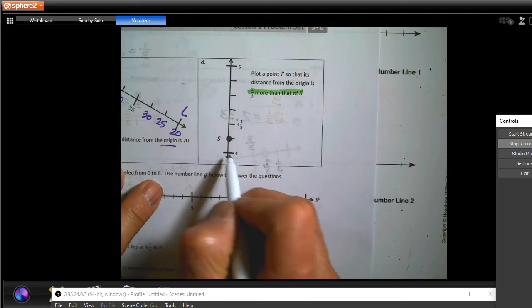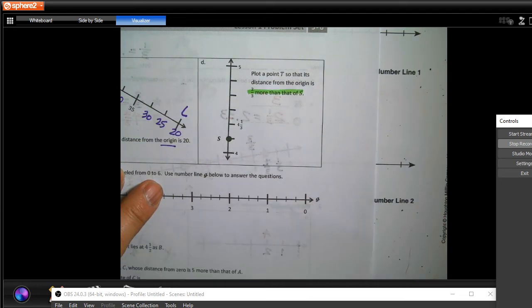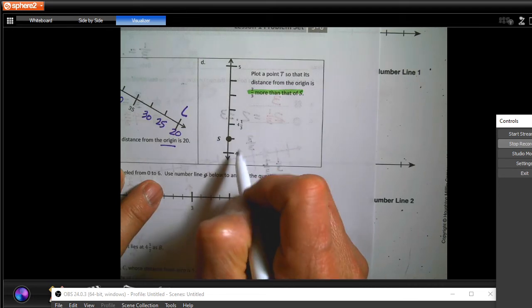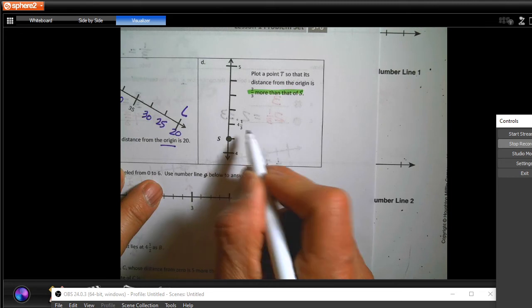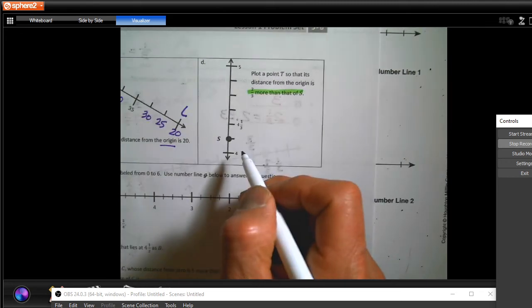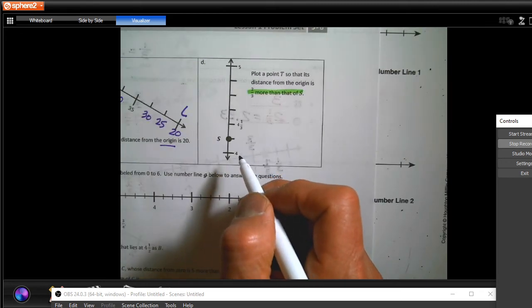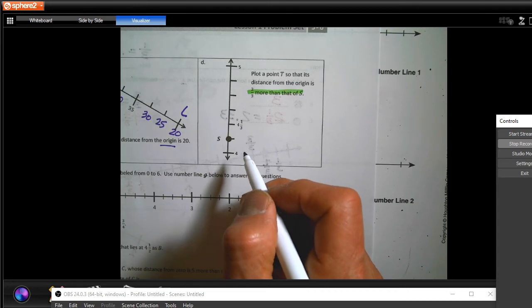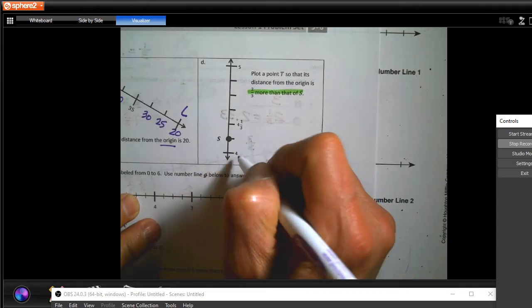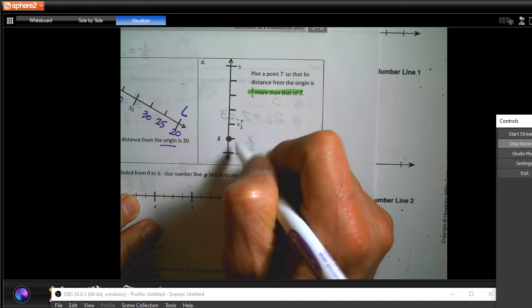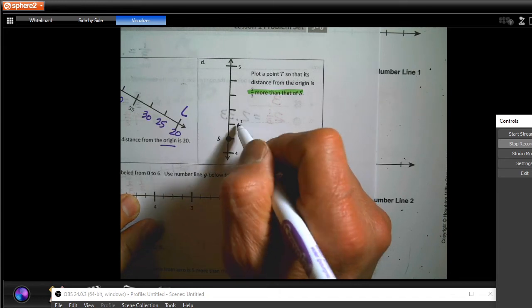So if S is, okay, let's see this. This is the 4 and this is the 5. On this one, if this is 4, when you skip this one, it is 4 and 1/3.